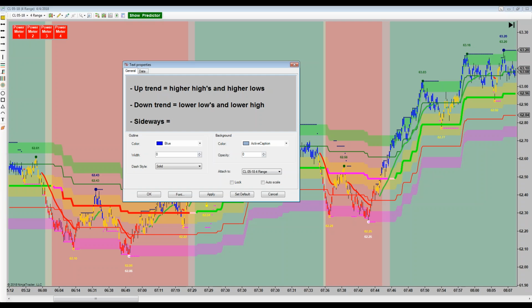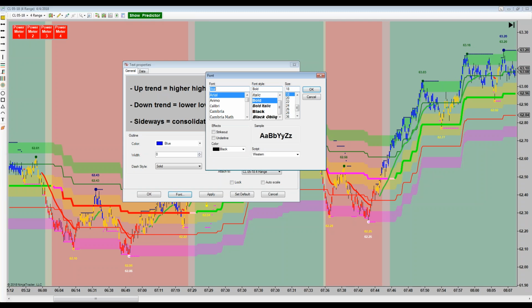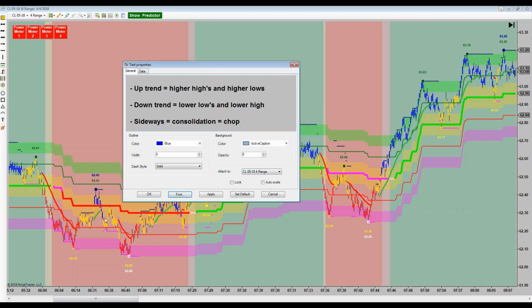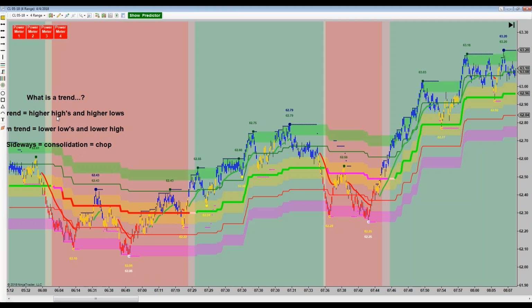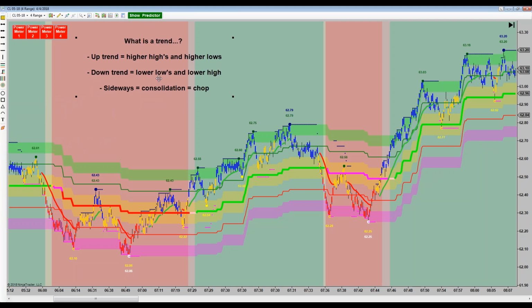Some people call it consolidation. And some people call it chop. There's various names for the same type of price action, which is called sideways. Now, just to be clear, this third option here, sideways, is the absence of a trend.